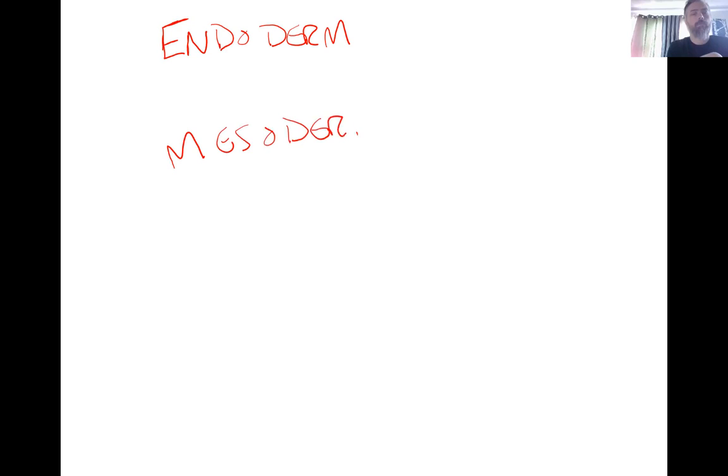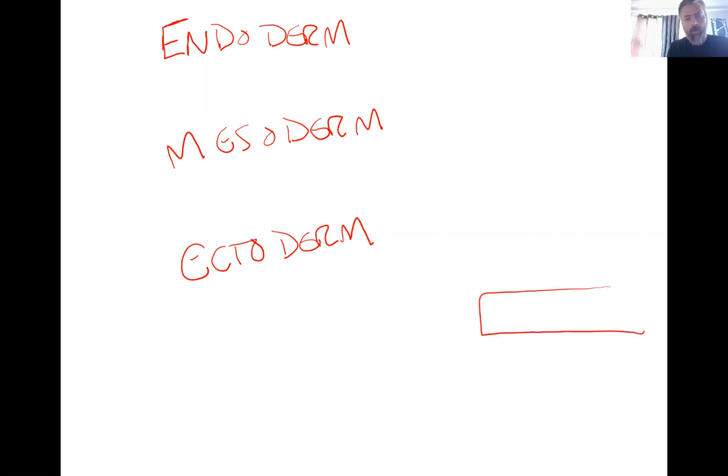These are endoderm, mesoderm, and ectoderm. It's going to begin by taking that inner cell mass, and we're going to flatten it out like this.